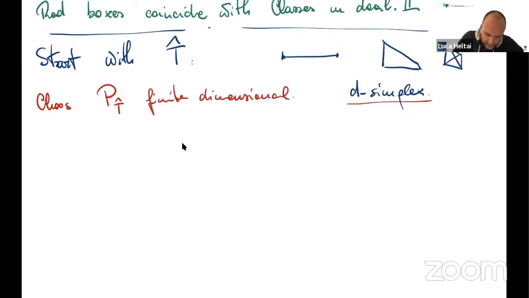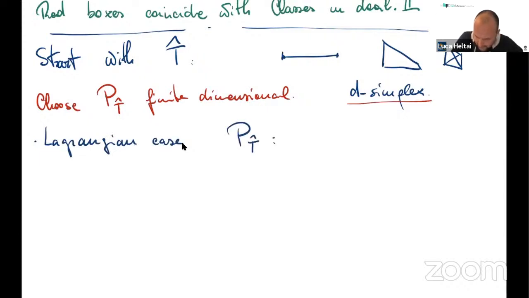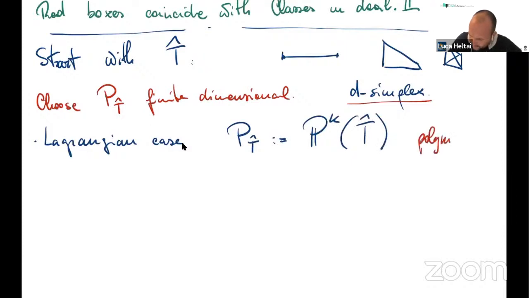And what we have done so far for the Lagrangian case, P of T hat was defined as polynomials of order K on T hat.